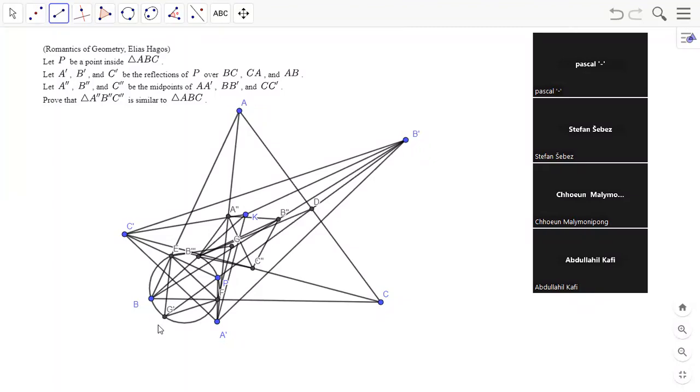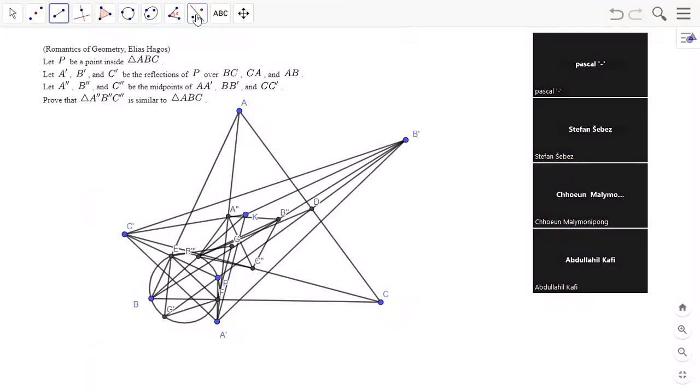And that's probably just an angle chase because this angle equals angle B, and this angle is... So yeah, this angle equals angle B. Can we show which one of these is angle C and which one's angle A?